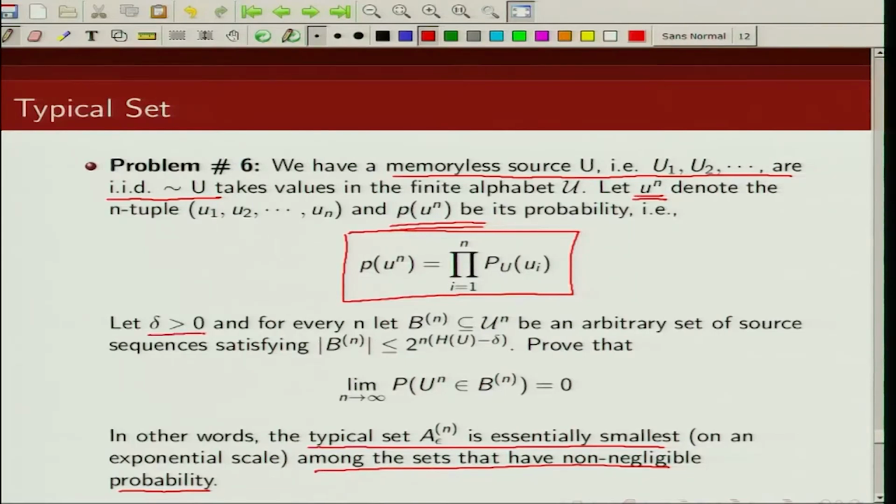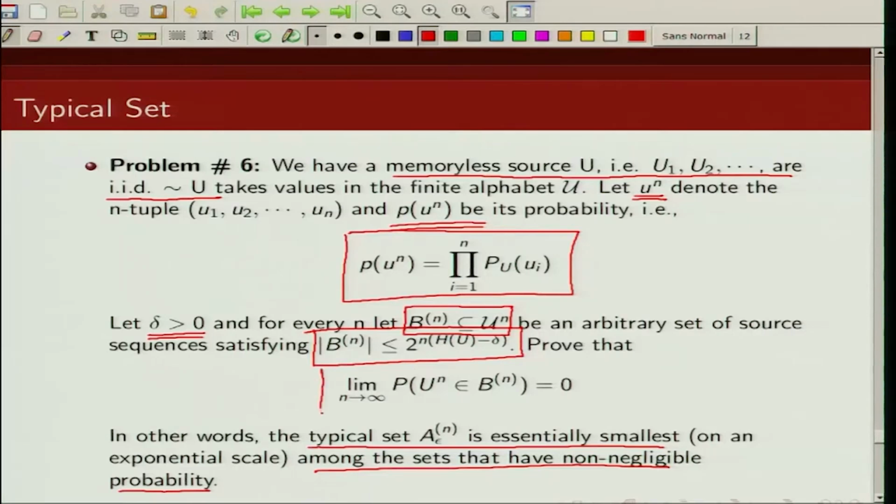Now let delta be greater than 0 and Bn a subset of U^n, where the sequences satisfy the condition that the cardinality of Bn is less than or equal to 2 raised to power n into (h of u minus delta).